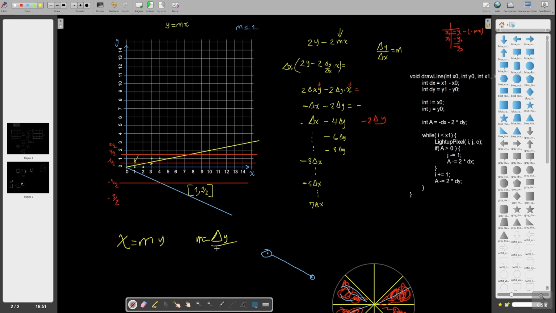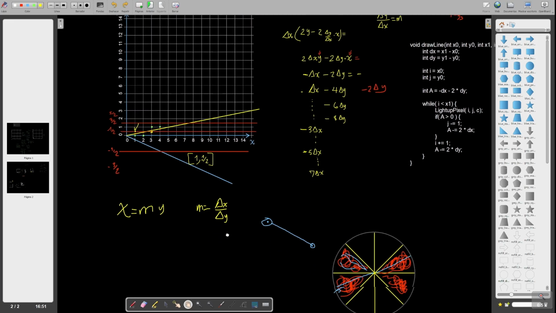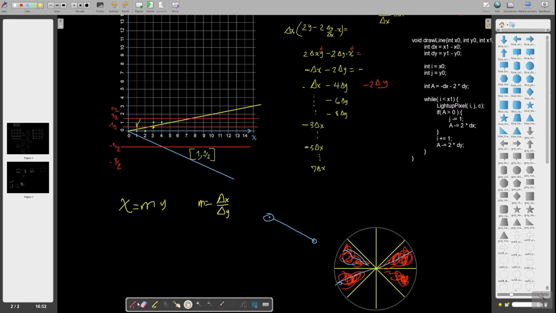It is going to be how much I advance on x when I advance a certain amount on y. And if we apply all of the same process, we're going to get to the same formula but inverted.